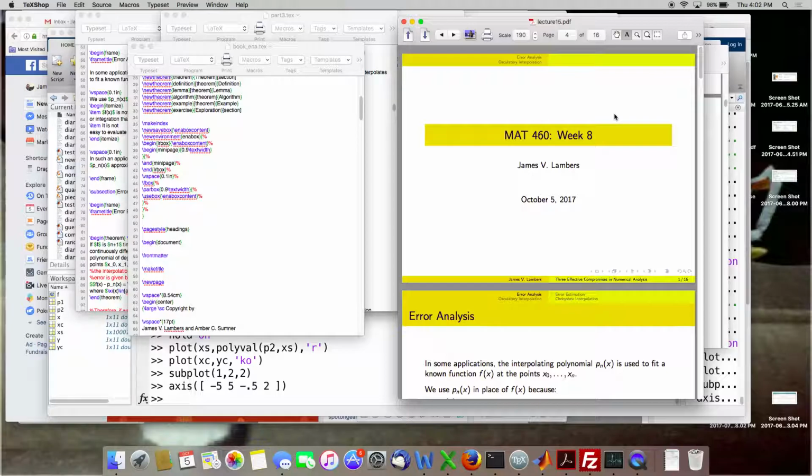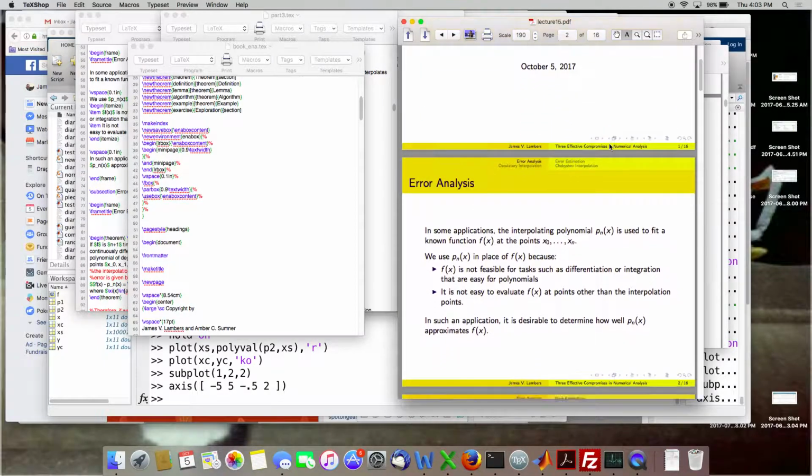And I'll post these after class. I haven't posted them yet because I want to allow for the possibility that, based on questions that are asked, I might make changes to these. And then I could go ahead and change them right here and update it quickly, knowing that most of what I need is already in here.